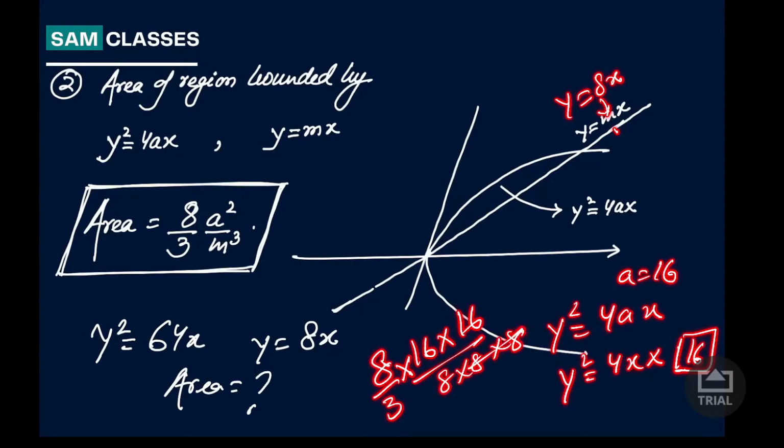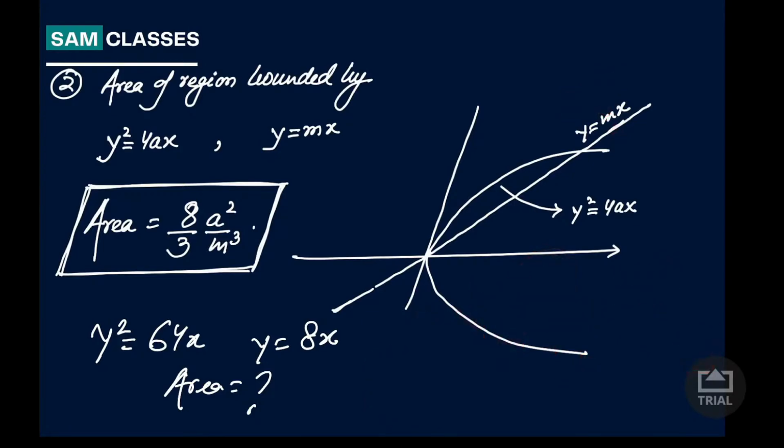So two 8s gone. One 8 gone, one 8 gone. 8 ones are 8, twos are 8. So what we got? 4 by 3 as the answer. Pavitra ma'am, not 32 by 3. 4 by 3.